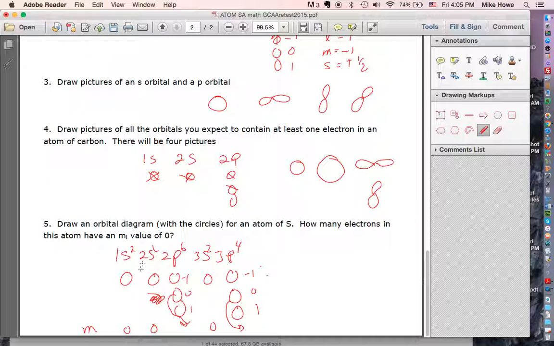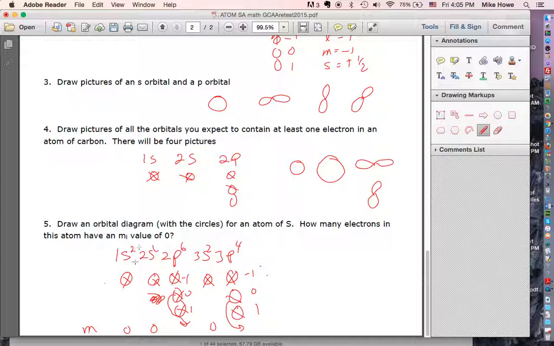All right, so now how many electrons do I have? 16, we said. So putting the electrons in, 1, 2, 3, 4, 5, 6, 7, 8, 9, 10, 11, 12, 13, 14, 15, 16. So how many electrons have an m value of 0?